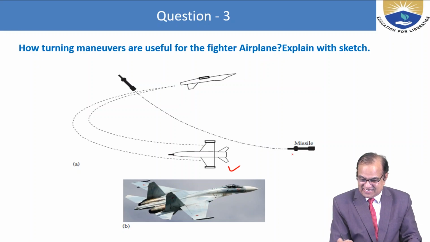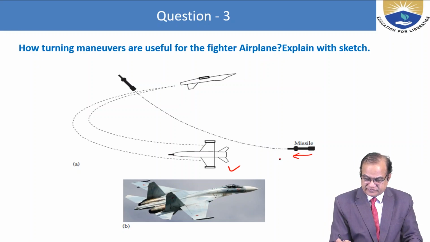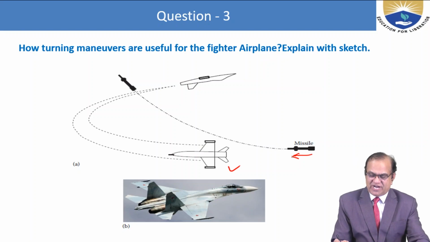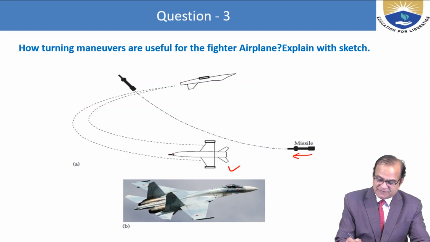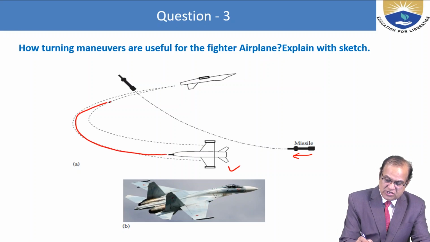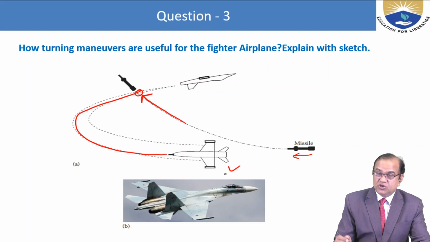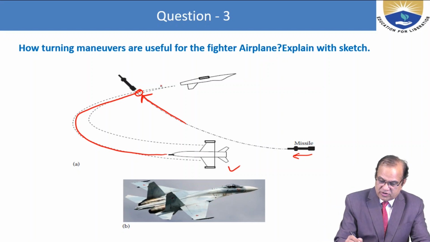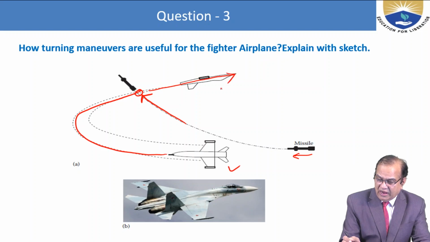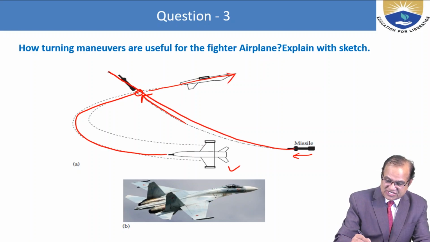your missile is started here, and the radar has calculated the speed and all. So as per the speed, the missile is running, and they expected that when you reach here, it will be hit. But due to the high maneuver, your aircraft has reached ahead and your missile has crashed like this.